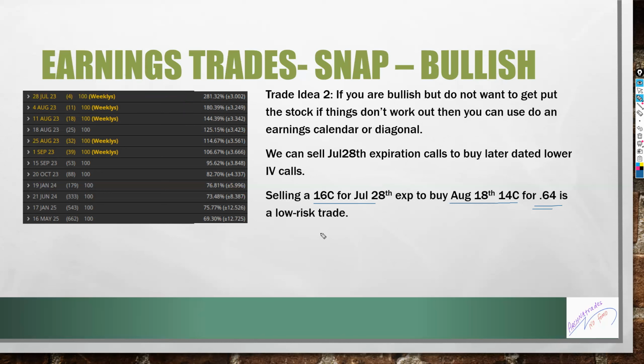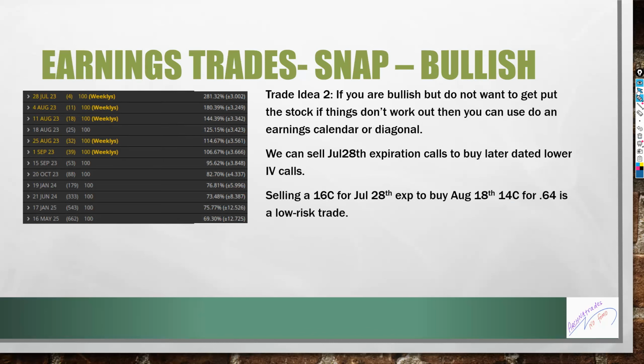You could have sold the July 28th 11 puts to buy August 18th 13 puts. You could have configured a put diagonal also if you are bearish. If you're bullish, you could configure a call diagonal.